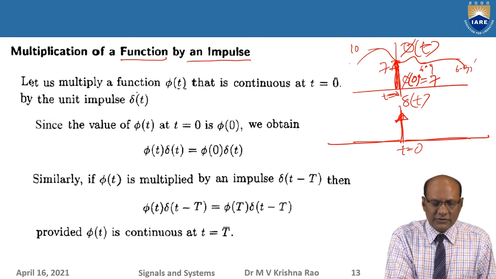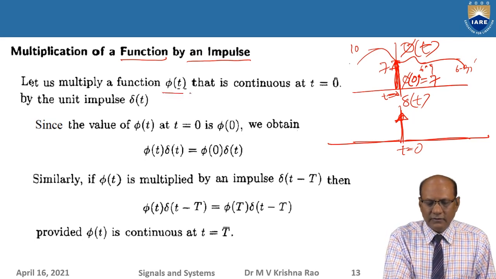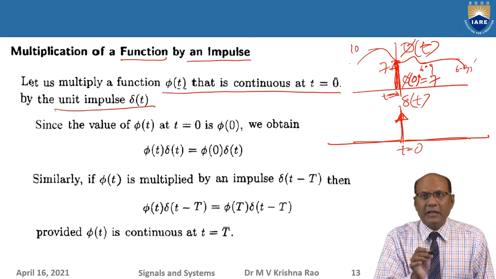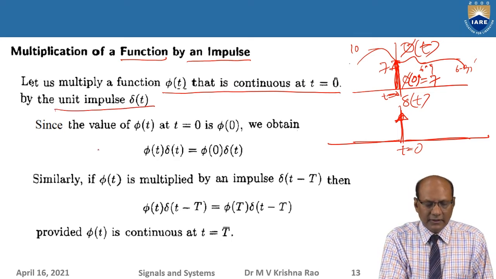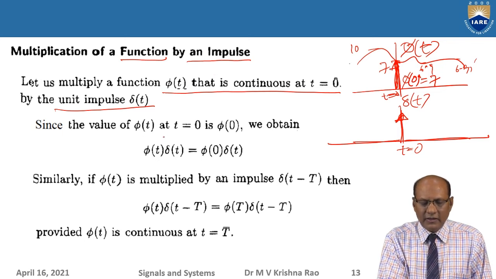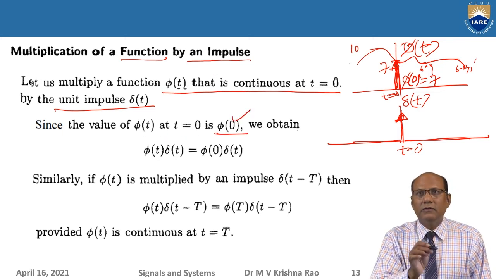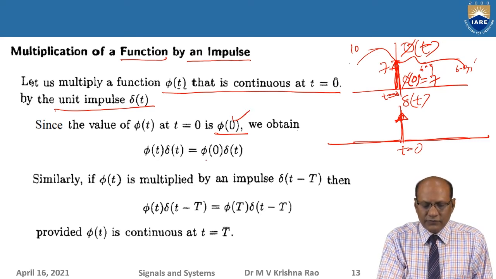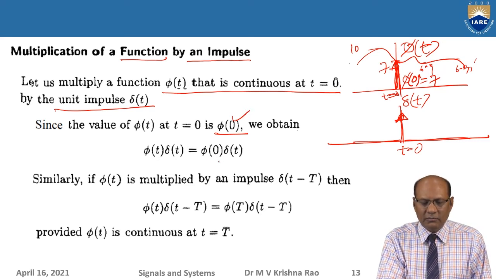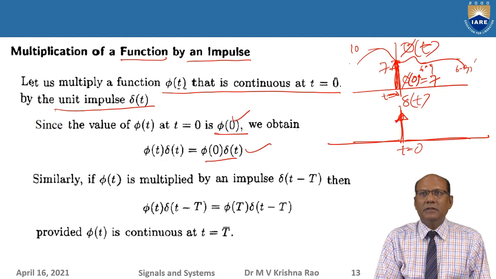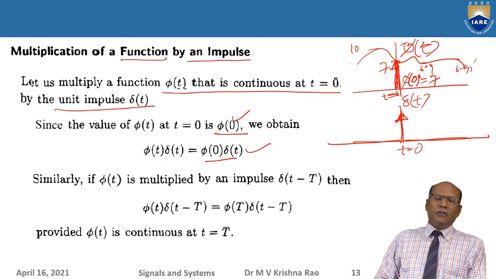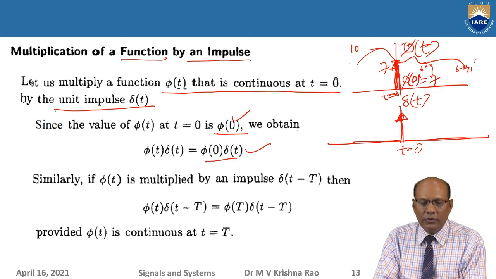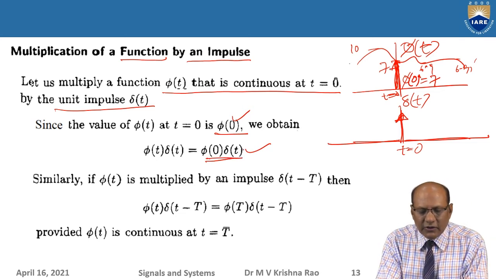Same thing, I am just writing it here. Phi of t is continuous at t equal to 0, and you are multiplying by delta t. The value at t equal to 0 is phi of 0, as I have already explained to you, and phi of 0 is the value of that function multiplied by delta t. So delta t is like a unit step function at t equal to 0, the time instant you are specifying here.